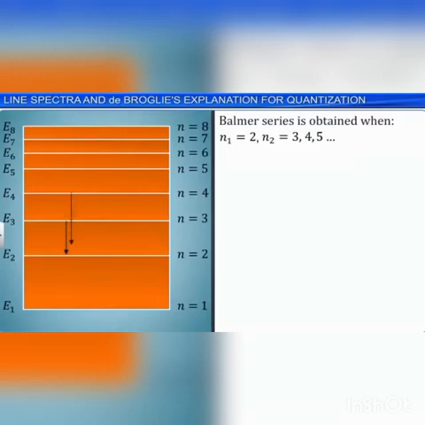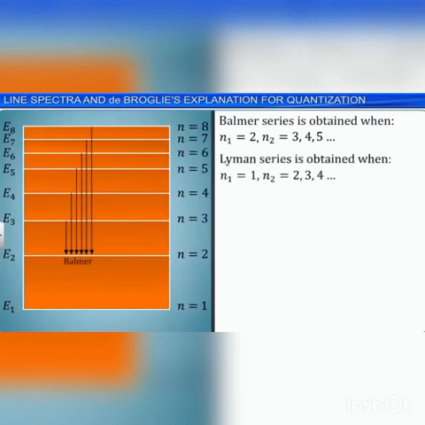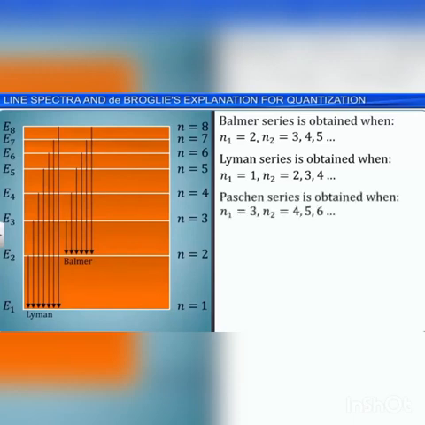Similarly, when we take n1 equal to 1 and n2 equal to 2, 3, 4 and so on, we get the Lyman series. When n1 is equal to 3 and n2 is equal to 4, 5, 6 and so on, we get the Paschen series.